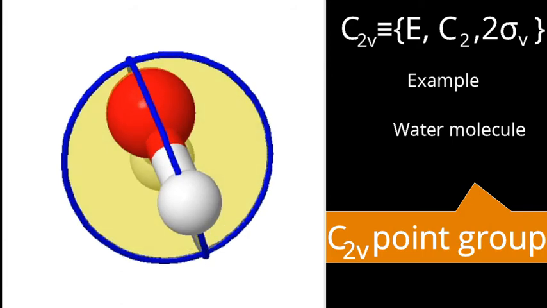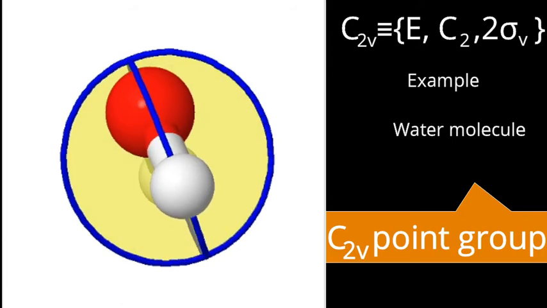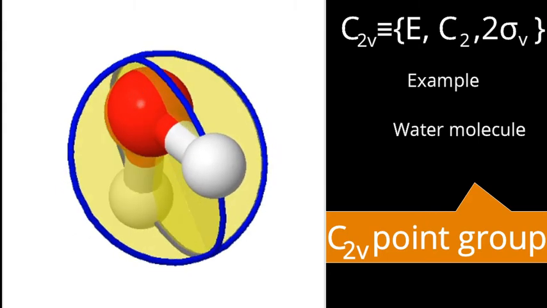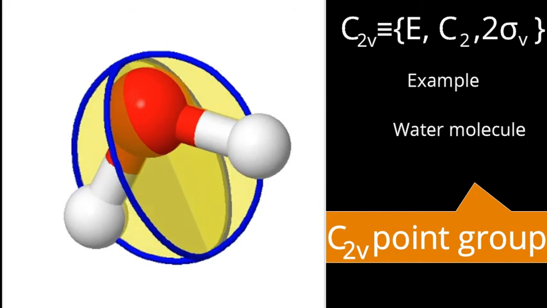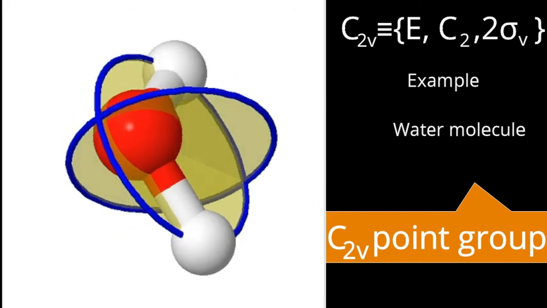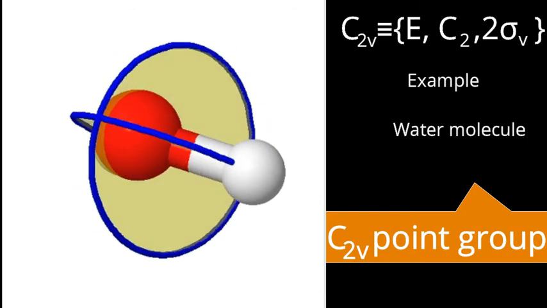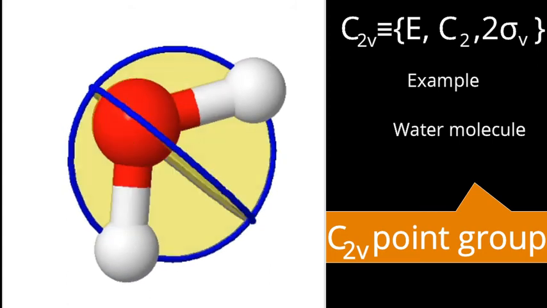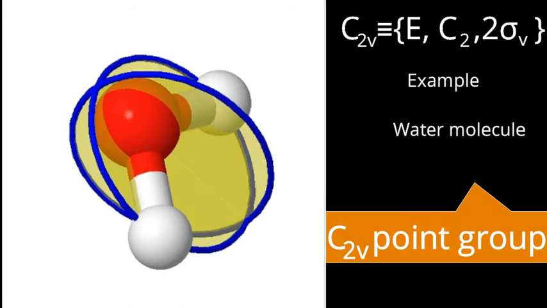Therefore, what are we finding? In total, how many operations are there in this C2V point group? 4. Which are those? Identity, C2 and 2 sigma V. For more clarity, I can say one plane is the XY plane and the other is the XZ plane. The XY plane means the molecular plane and the XZ plane means perpendicular to the molecule.